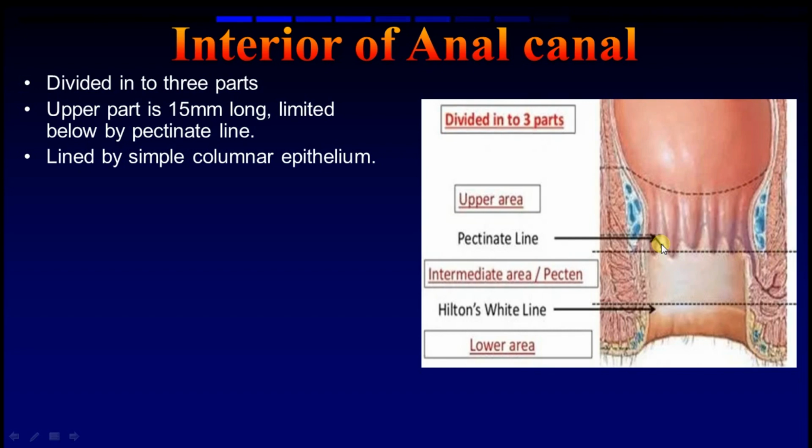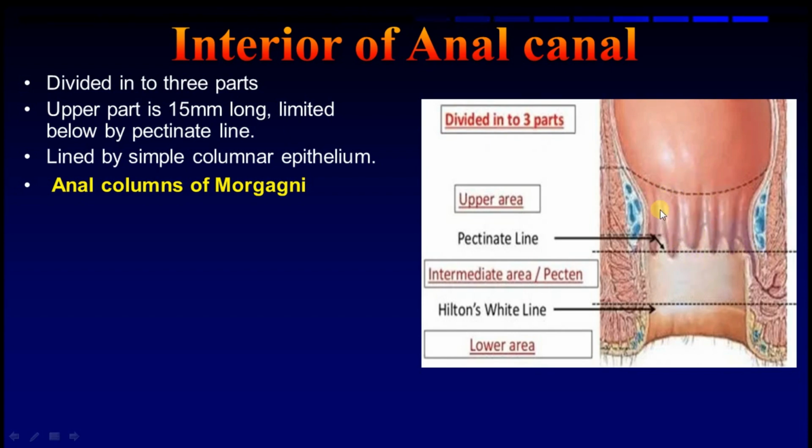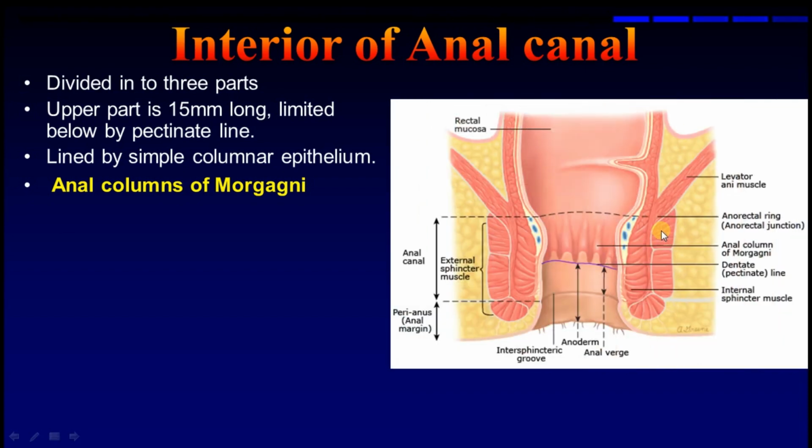So it is the lining of your small intestine, large intestine, colon, rectum, all those things. So lined by the simple columnar epithelium, you are able to see permanent mucus folds. They are actually called the anal columns of Morgagni.